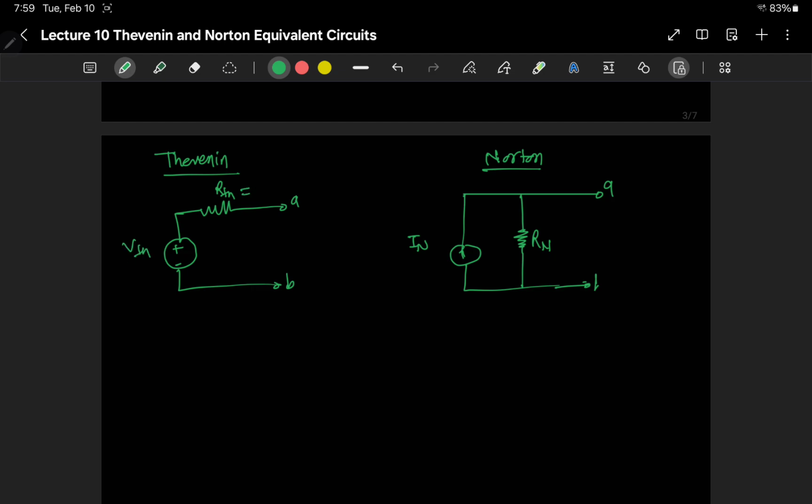Okay, so RTH was calculated to be 7.5 ohms and RN is equal to RTH, which is 7.5 ohm, and your VTH was calculated to be 45 volt, and IN is the short circuit current, which was calculated to be 6 ampere. So this completes the problem.